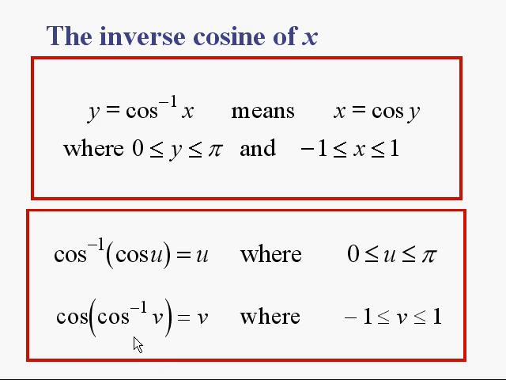And the other way around, cosine of cosine inverse is back to the value of the cosine function, and that has to be a number between minus 1 and 1 as an x-coordinate of a point on the unit circle.